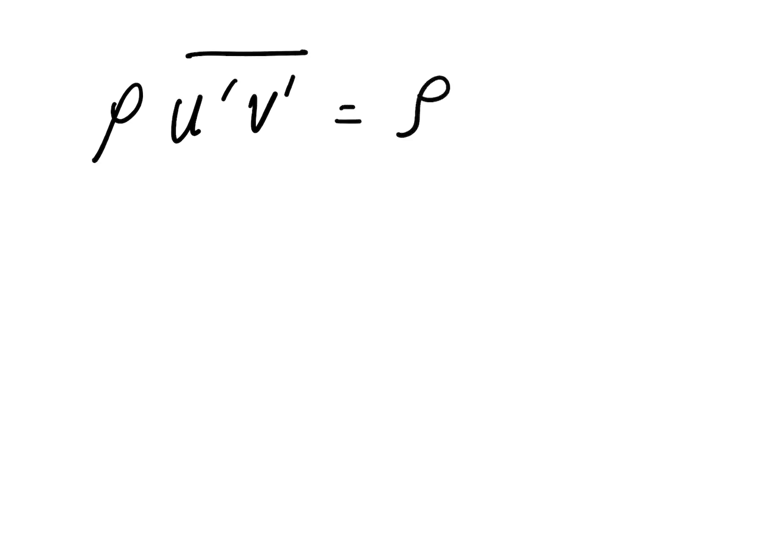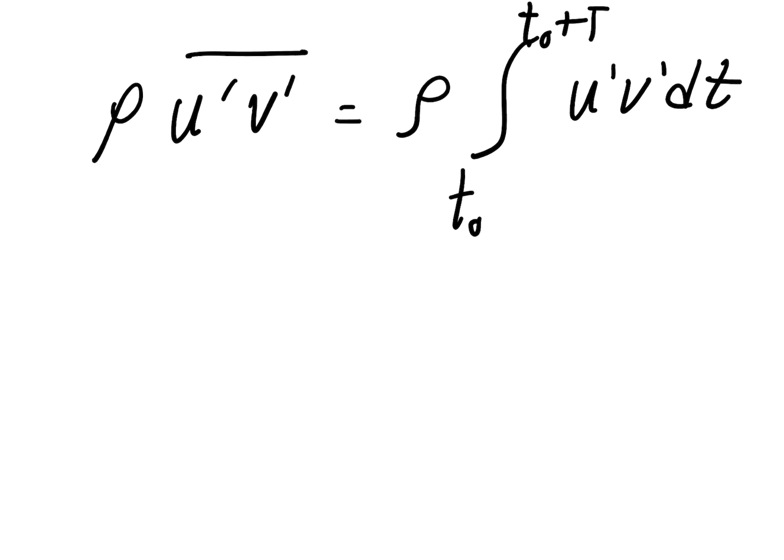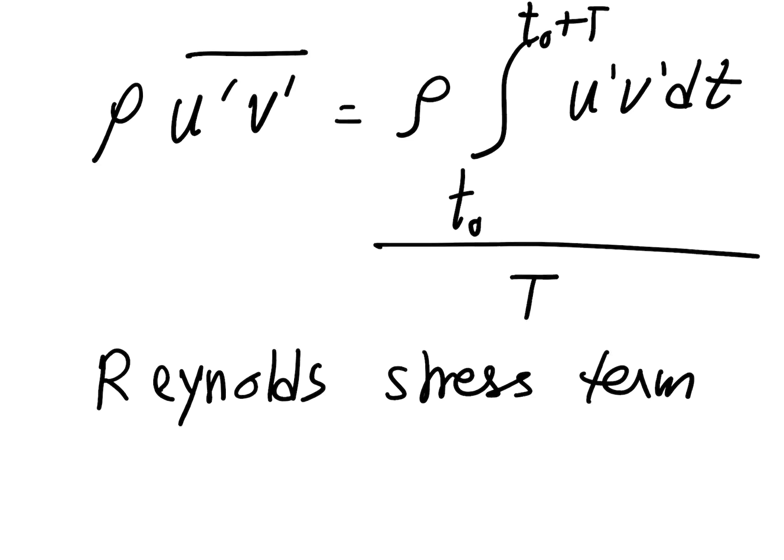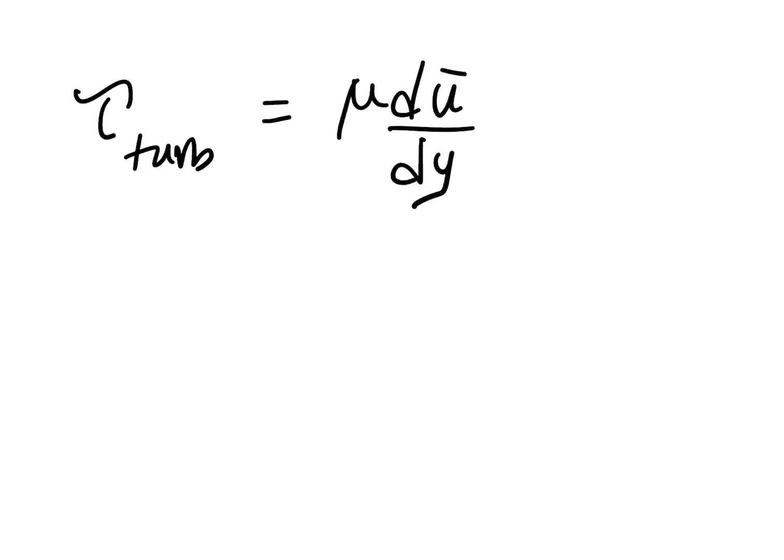is simply rho times the time average, the integral from t naught to t naught plus t of u dash v dash dt, divided by time. This term is called the Reynolds stress, and in total the shear stress in a turbulent flow is the velocity gradient due to the average velocity minus rho times the product of the fluctuations in x and y component.